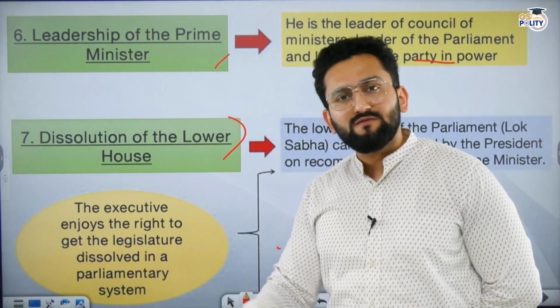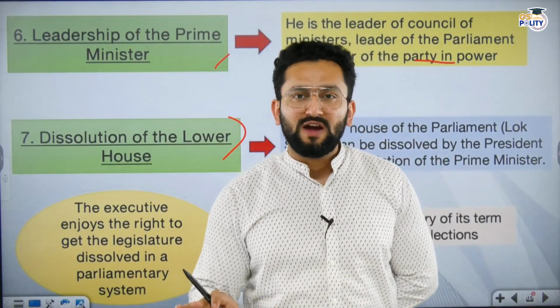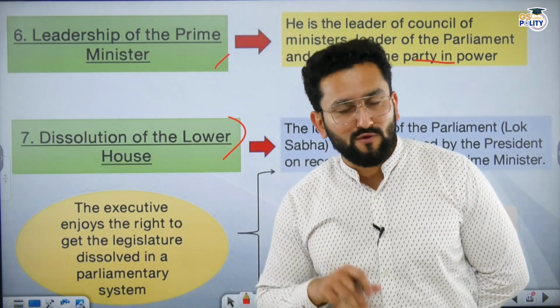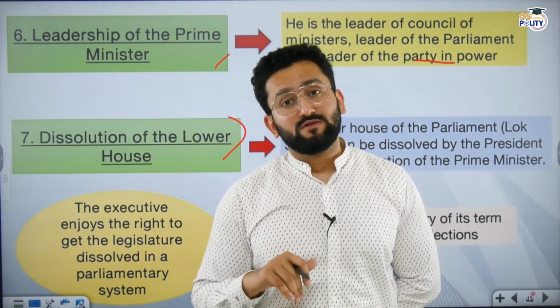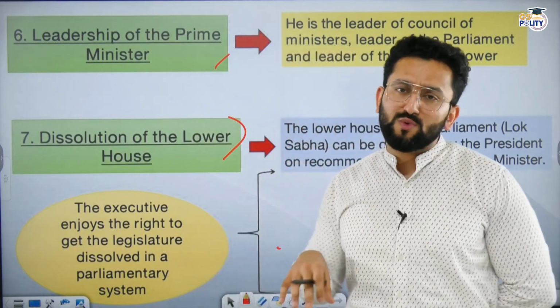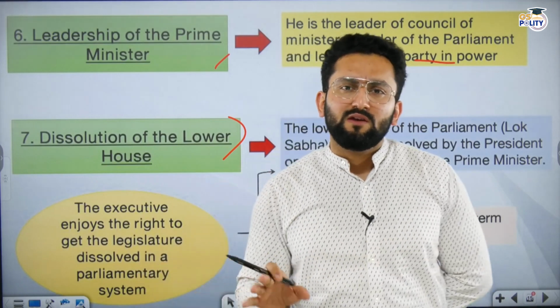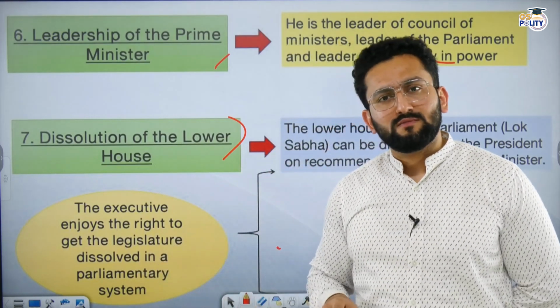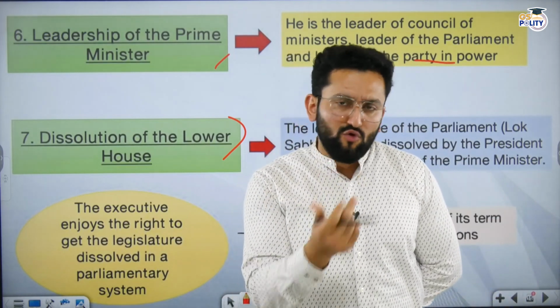Dissolution means, consider we had this election in 2020, and now for 5 years these members are going to be part of Lok Sabha. But it may be possible that before the completion of 5 years, the Honorable Prime Minister along with the Council of Ministers advise the Honorable President, sir, we want re-election. The President would say, sir, we have completed just 4 years.